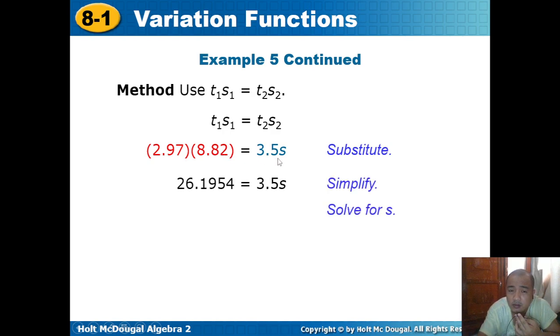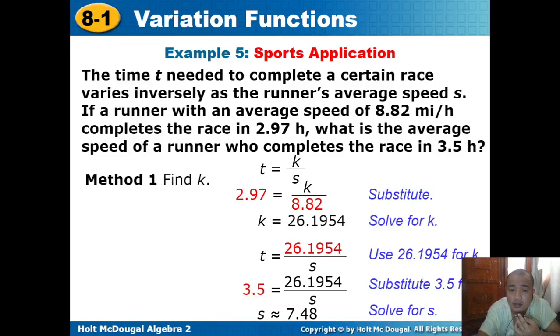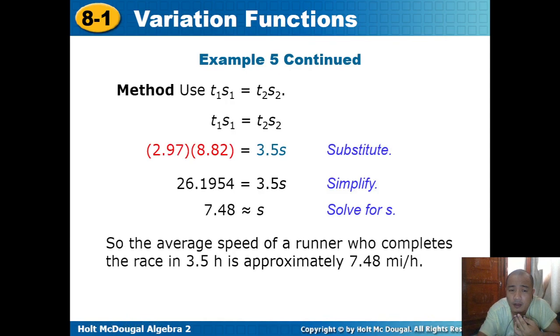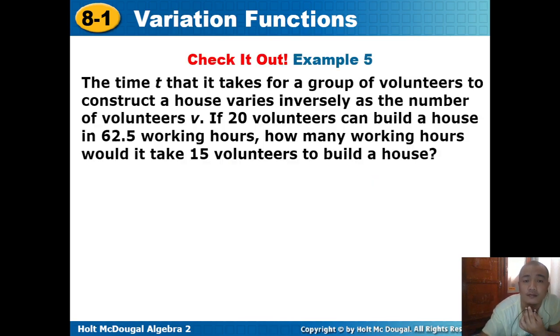It's equivalent to 7.48. Which is the same as what we have gotten here in method 1. 7.48 is s. So, the average speed of a runner who completes the race in 3.5 hours is approximately 7.48 miles per hour.